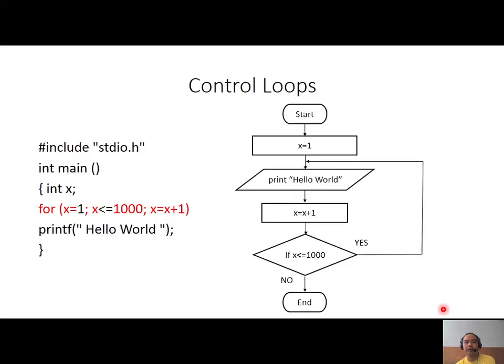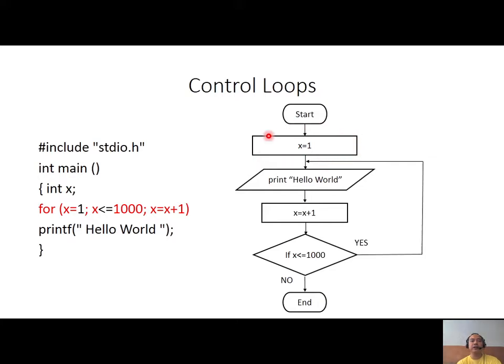Now going back to our flowchart topic, this is how the for loop structure is implemented in a flowchart. Of course, an oval block with a start, then followed by an arrow, then a rectangle, which means processing.